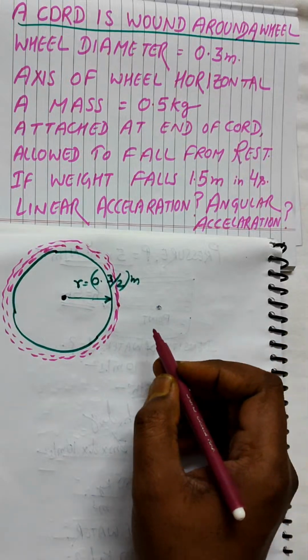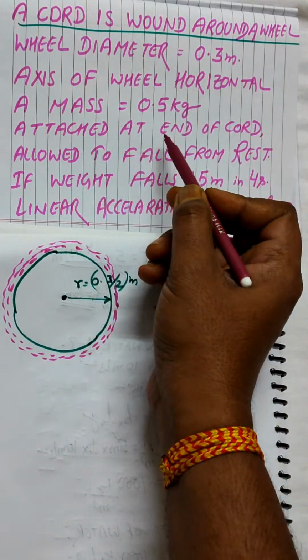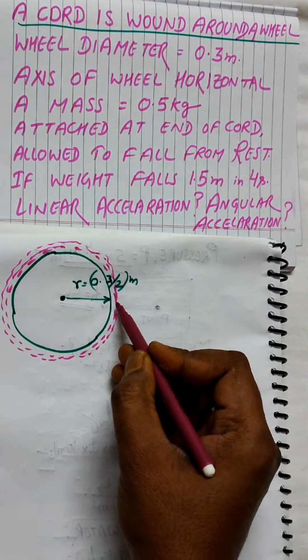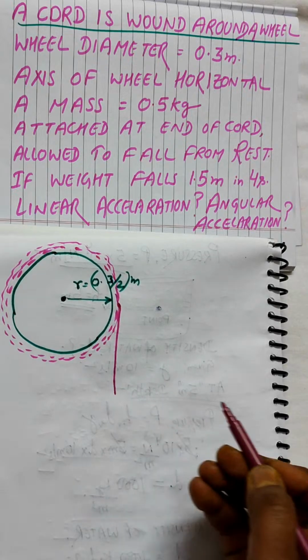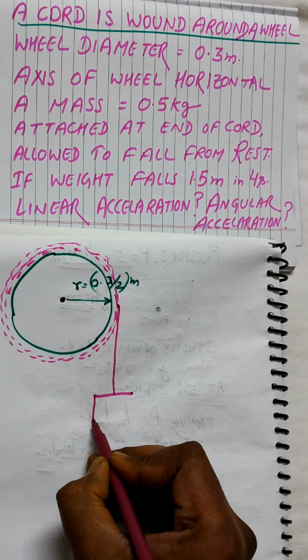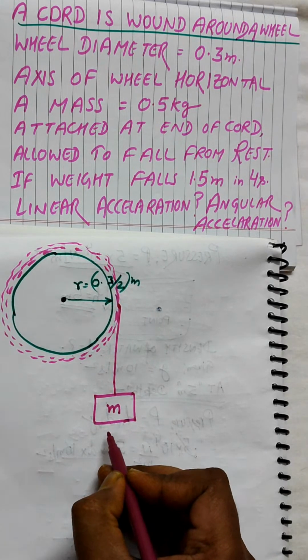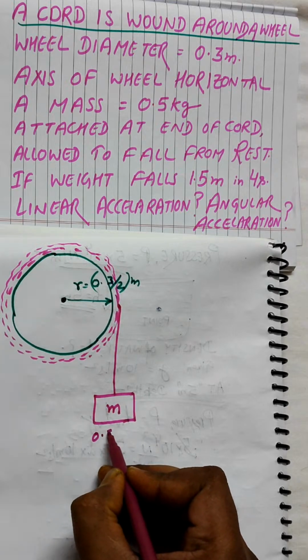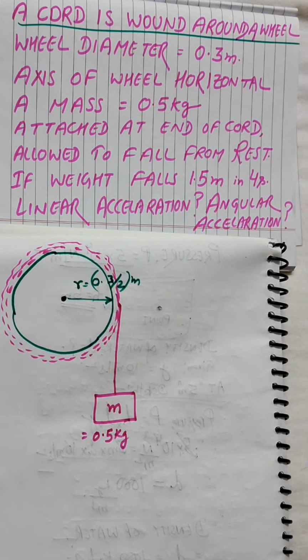Suppose this is the end of the cord which is hanging like this, then at this end a mass is attached, and that mass is 0.5 kg. This is given to you.